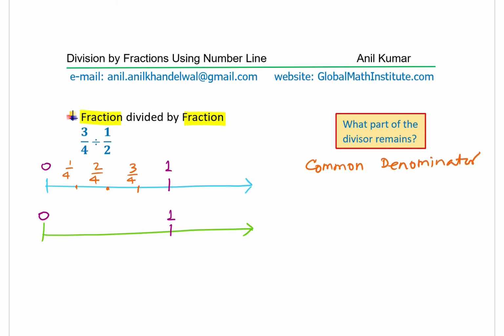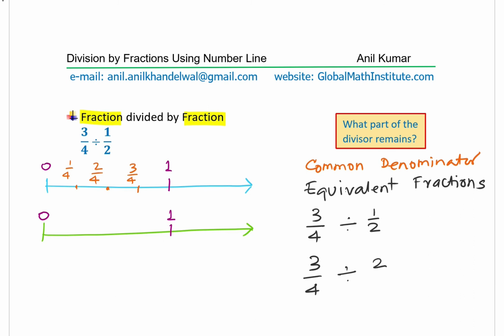Now that brings us to the concept of equivalent fractions. So we are saying we have to divide 3/4 by 1/2. Now I can convert 1/2 to 2/4. So if I multiply by the same number in the numerator and denominator, the fractions are equivalent.